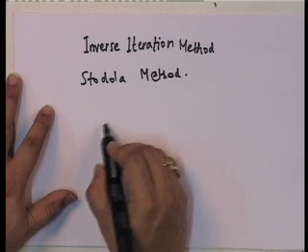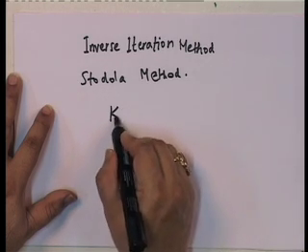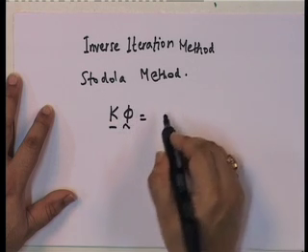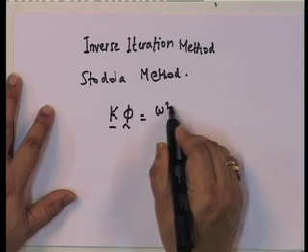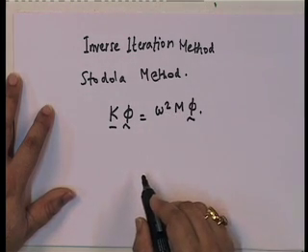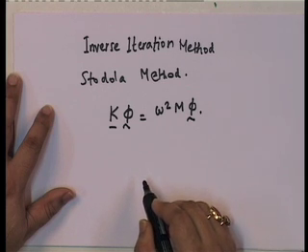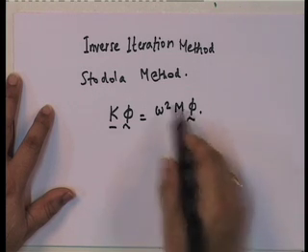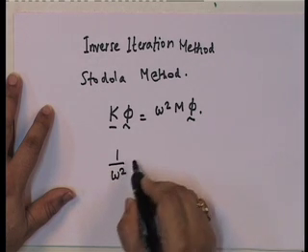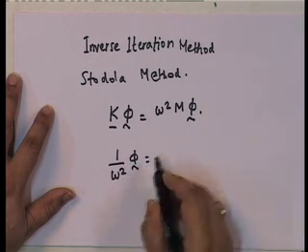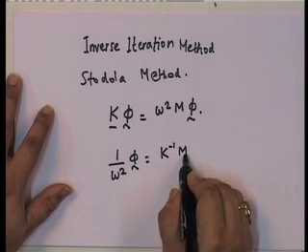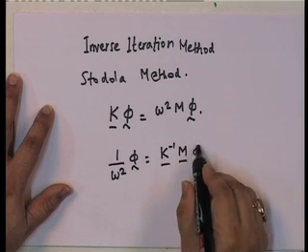you have a situation where the problem becomes k phi is equal to omega squared m phi. Okay. So, now if I were to rewrite this, I could rewrite it in this format: 1 upon omega squared phi is equal to k inverse m phi.